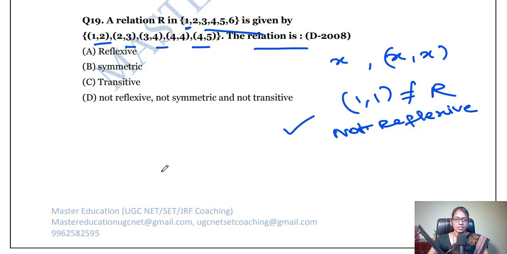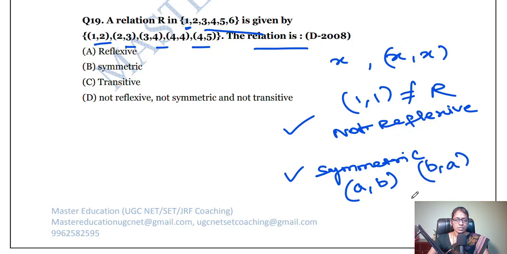And then check symmetric. Symmetric means if (a,b) is present in the relation, then (b,a) must be present in that relation. For example, (1,2) is in the relation, so (2,1) must be in the relation. But (2,1) is not in the relation, so it is not a symmetric relation. And then transitive relation: if (1,2) and (2,3) are there, then (1,3) must be present. Here (1,2) is there, (2,3) is there, but (1,3) is not present, so this is not transitive. If (a,b) and (b,c) are there and (a,c) is in the relation, only then can we call it a transitive relation.